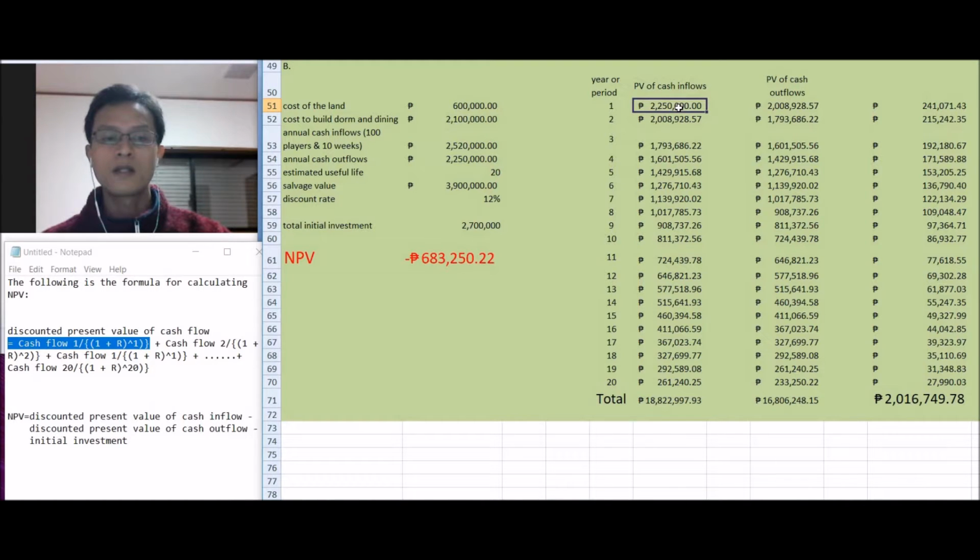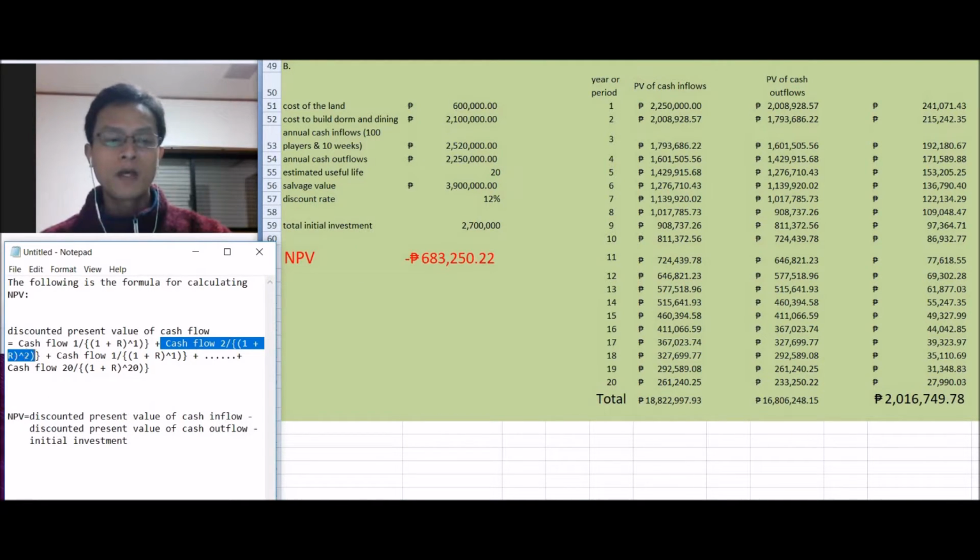Then just continue the process plus cash flow year number 2. Cash flow year number 2 divided by 1 plus the rate, which is 12% again, raised to the power of 2 because you are on the second year. So the result should be this one, year period number 2.